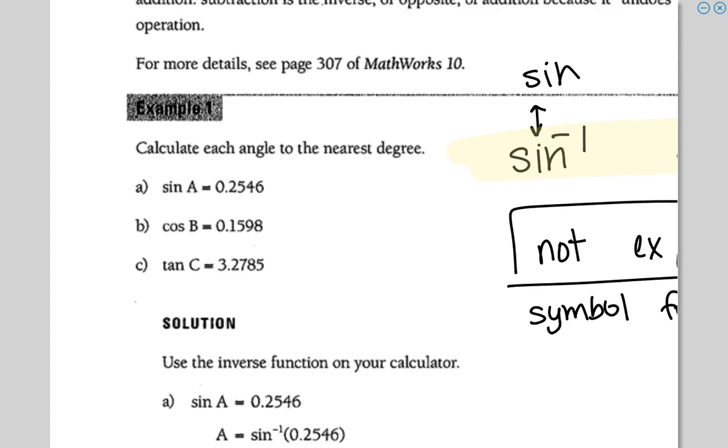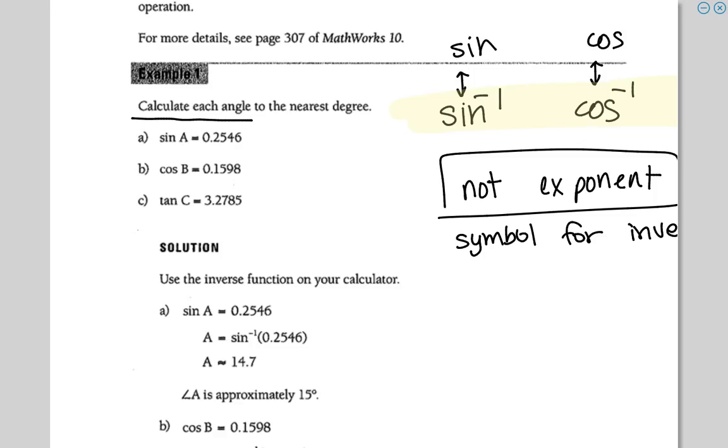So like right here where it says calculate each angle, what they will do here to cancel the sine, you have to do sine -1 on both sides. So sine -1 of sine, they cancel each other. And whatever you do to one side, you have to do to the other. And then it's going to spit out a number from your calculator, and then you can round it, and you have a degree.